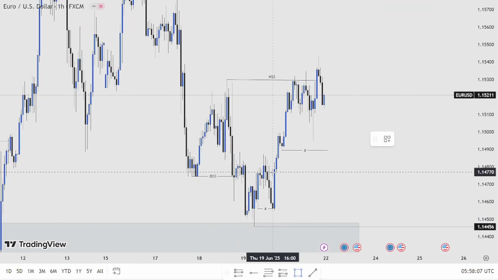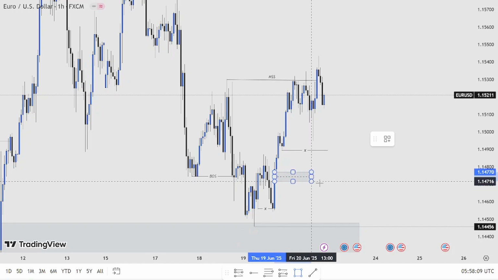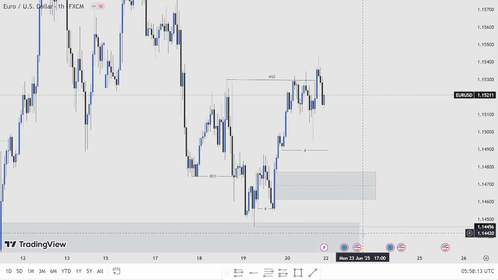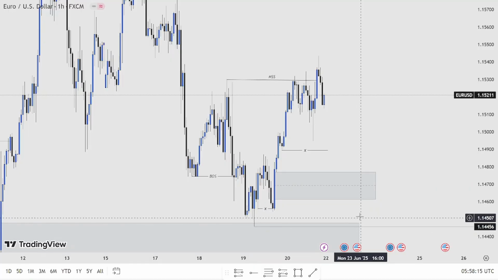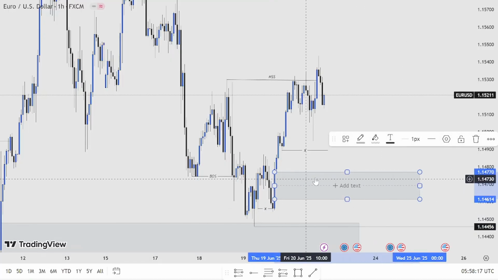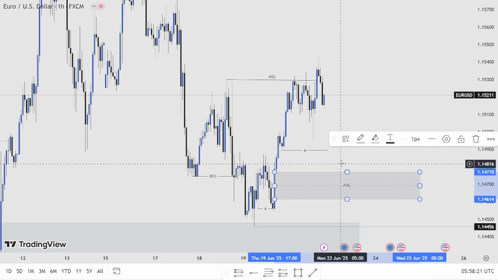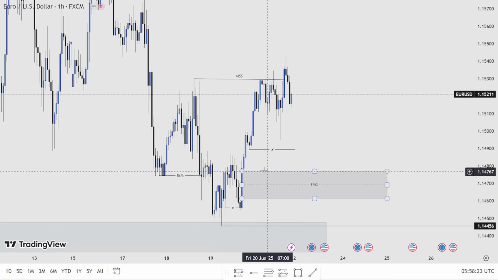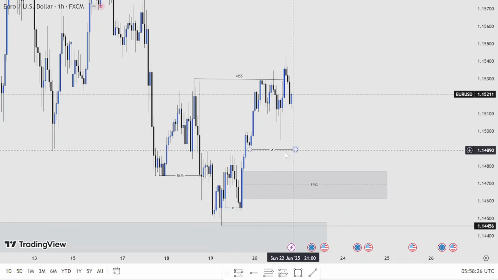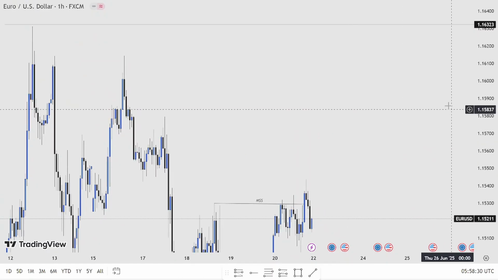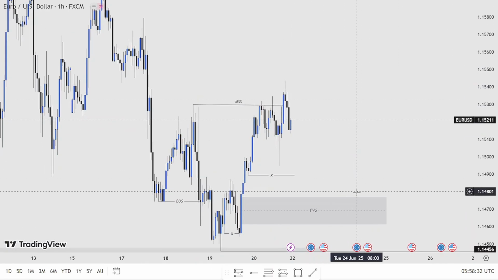So I mark the fair value gap. As I mark the fair value gap, I'll be expecting the market to take out this inducement before going in our direction.